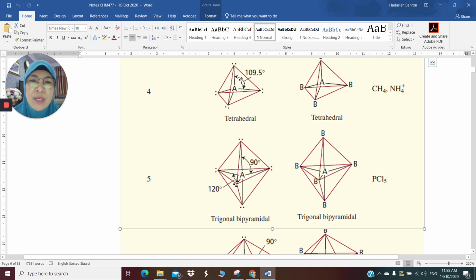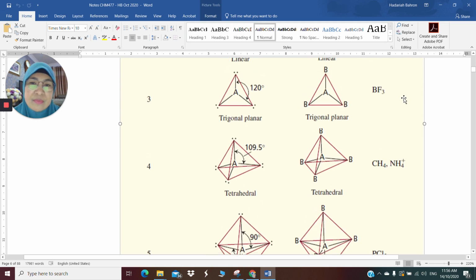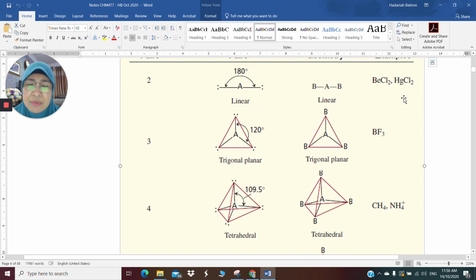That is the ideal tetrahedral angle. An example of that is methane or the ammonium ion. So just a recap: when you have two bonding pairs, linear. When you have three bonding pairs, trigonal planar. When you have four bonding pairs, tetrahedral.